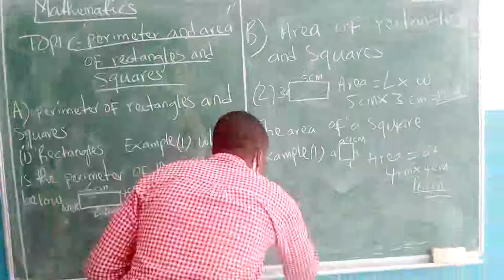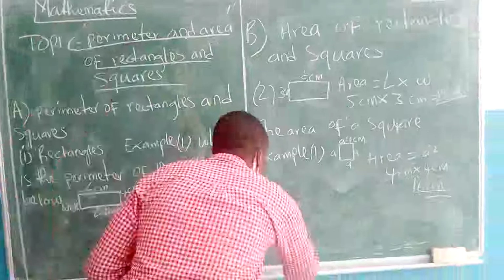So let us look at a second example under area of a rectangle. Example 2. Let us say we have a rectangle whose sides are 5 centimeters and 3 centimeters.